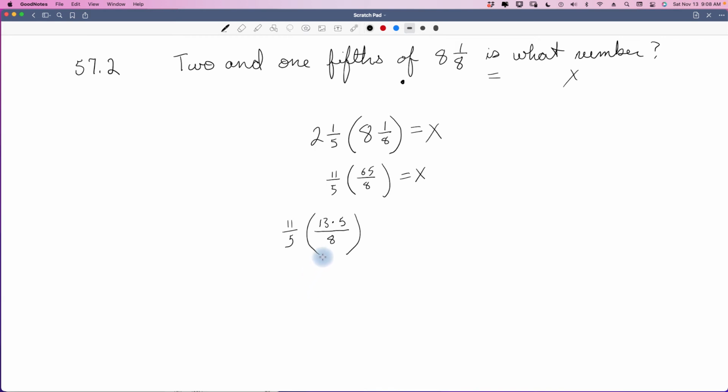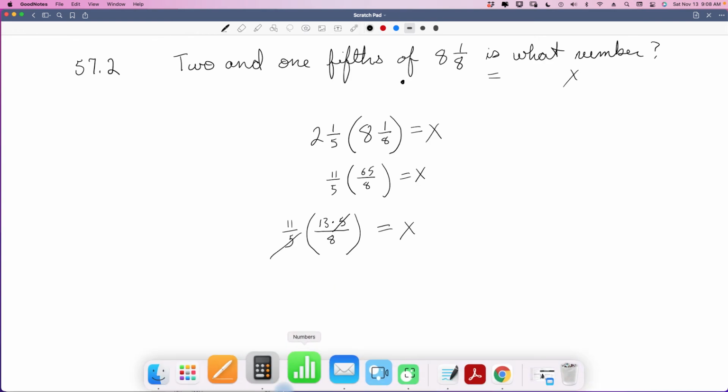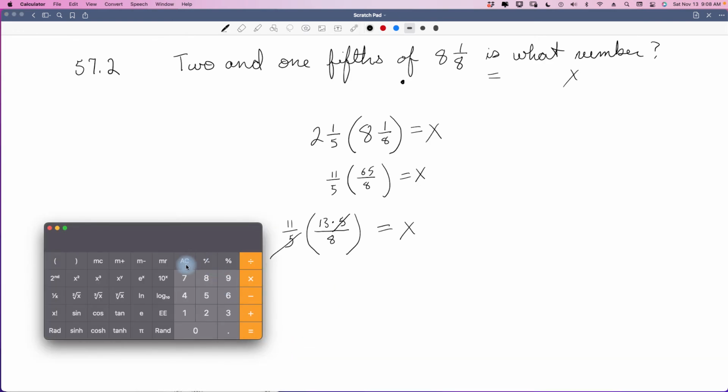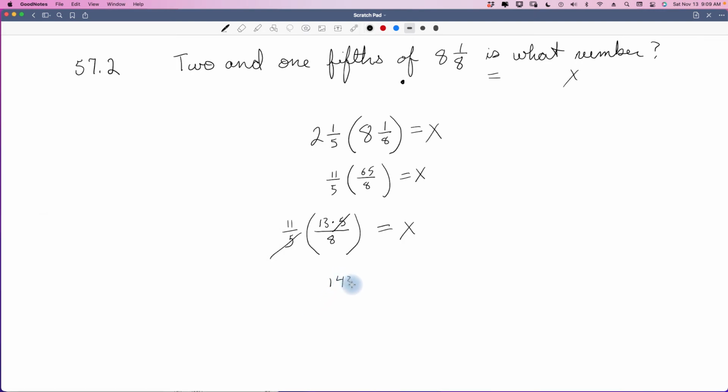We can't factor anything out of there. But what we can do is we can say, I got a 5 here and a 5 here. They cancel. So now we can just say 11 times 13 over 8, right? So 11 times 13 equals 143 over 8. Isn't that a smaller number and an easier way to get there?